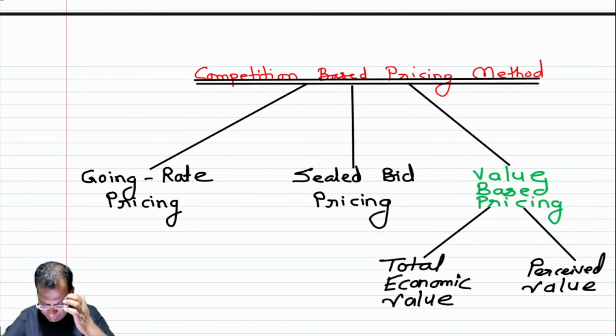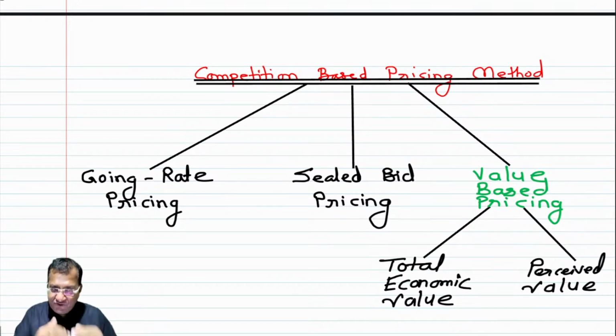Okay, Soham, welcome back, beta. Yes, we can alter it slightly. Competition-based pricing method doesn't mean charging the same price charged by your competitor. You can marginally increase or decrease it. Now tell me, beta, suppose my labor union has gone on strike, the obvious reason being an increase in wages they require.